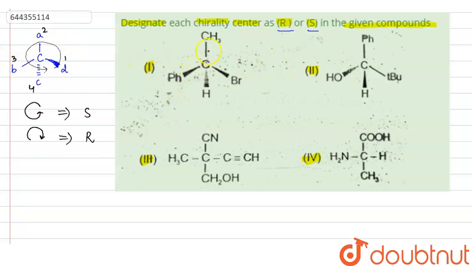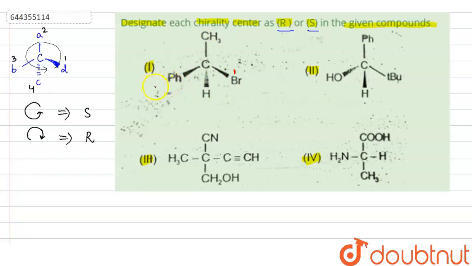Now in the first, carbon is attached to 4 different groups, right? Here carbon is attached to carbon, here carbon is attached to bromine, here carbon is attached to a phenyl group. Phenyl is basically C6H5, so it is attached to carbon only, and here carbon is attached to hydrogen. Now bromine has the highest atomic number, so bromine will be given priority 1. Then we are left with 3.